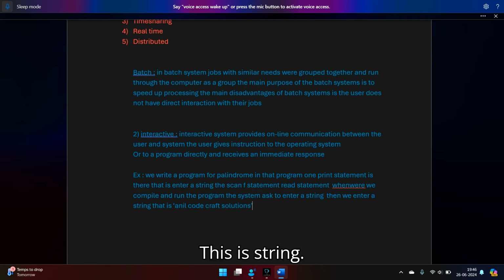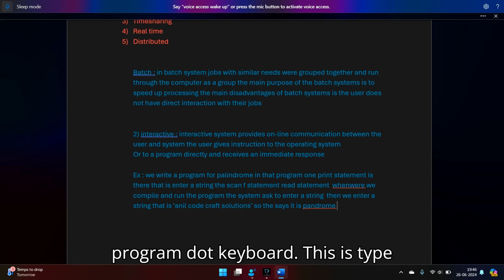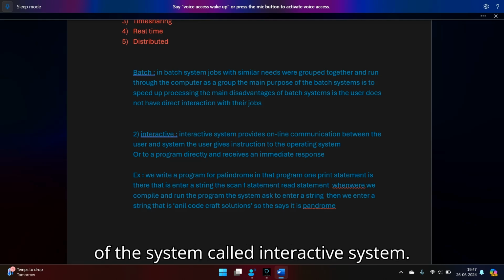So the system says whether it is a palindrome. So we interact directly with the program through the keyboard. This type of system is called an interactive system.